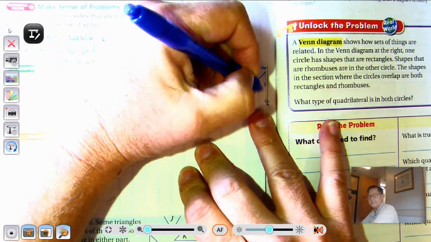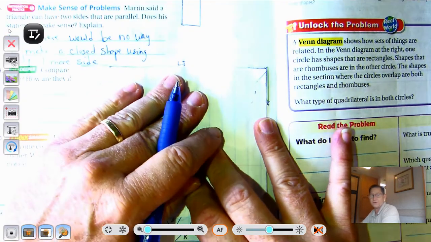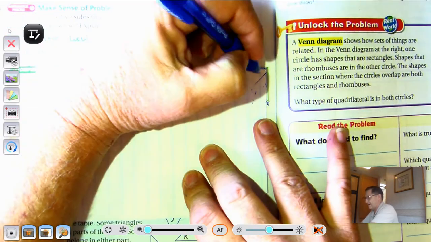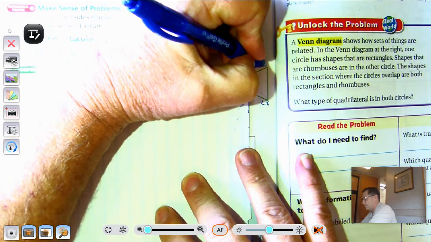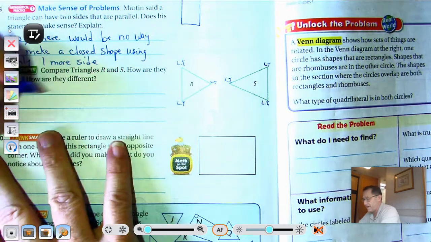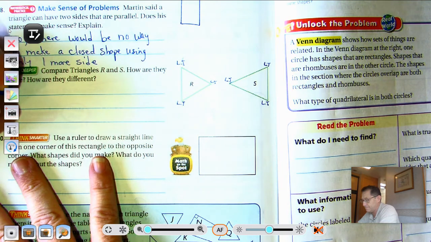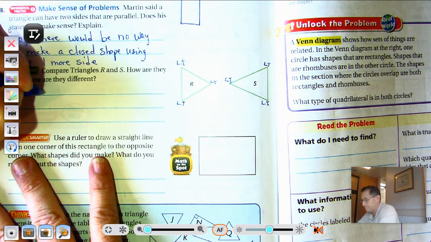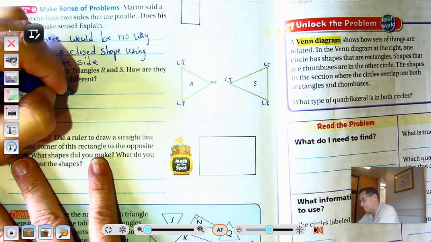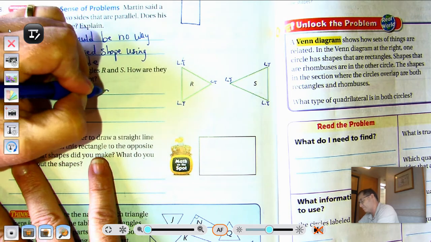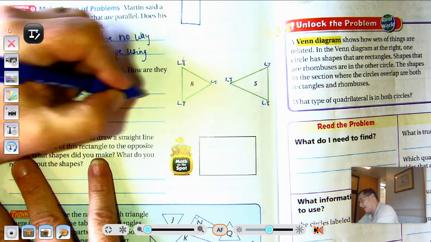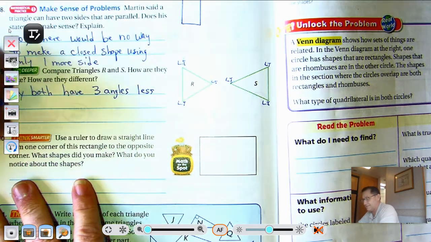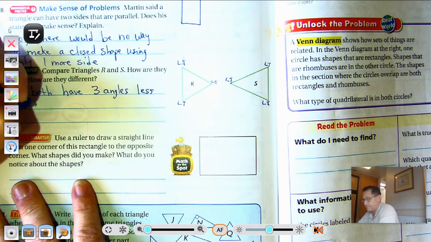Okay, I can see this side lined up with the edge of my paper, and I can't see this side, so it also has. So they both have three angles less than a right angle.